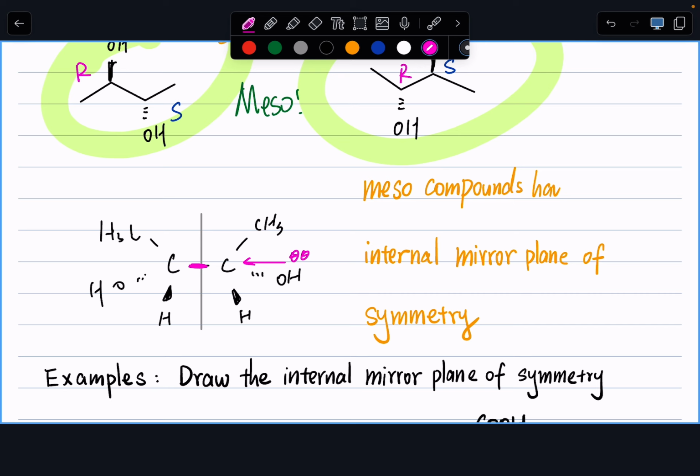It's a higher energy conformation, yes, but it doesn't change the nature of the molecule. The lowest energy conformer of my molecule will look like this, all staggered. But in the Newman projection, you can do free rotation of the single bond, and as long as we have a conformation where you can find an internal mirror plane, this becomes a meso compound.